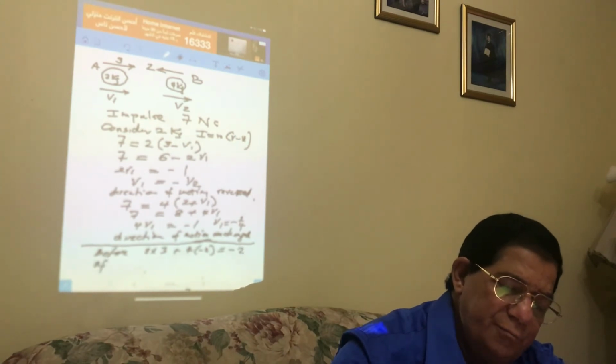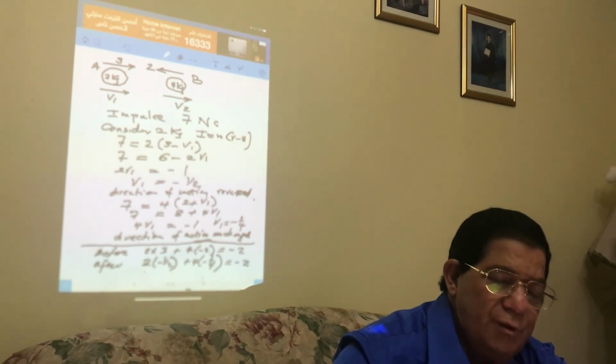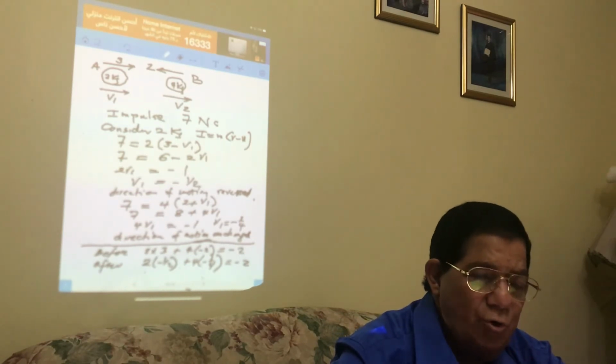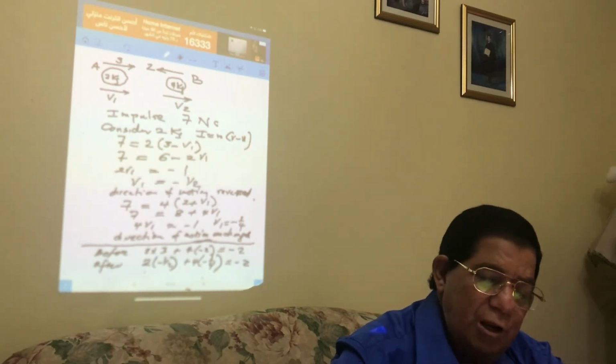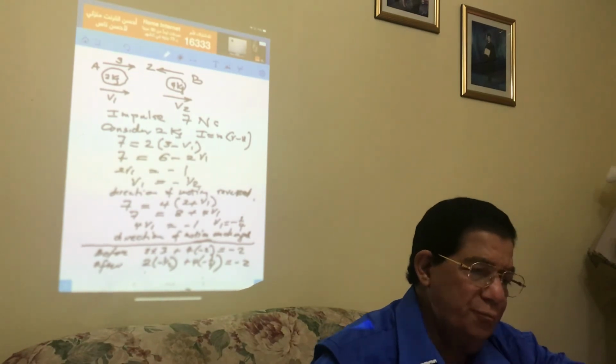After, 2 times negative half plus 4 times negative 1 over 4 equals negative 2. Therefore, yes, our solution is correct. The total momentum before and after is the same.